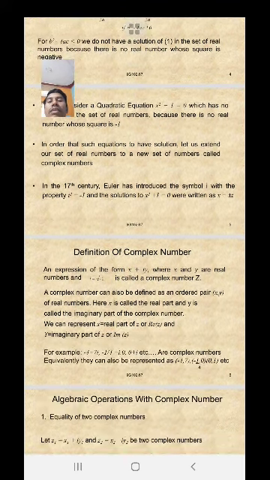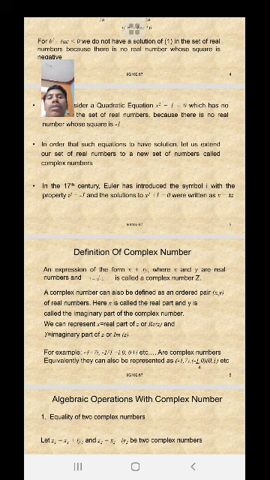In the 17th century, Euler introduced the symbol i with the property i square equals -1, and the solutions to x square plus 1 equals 0 were written as x equals plus or minus i.